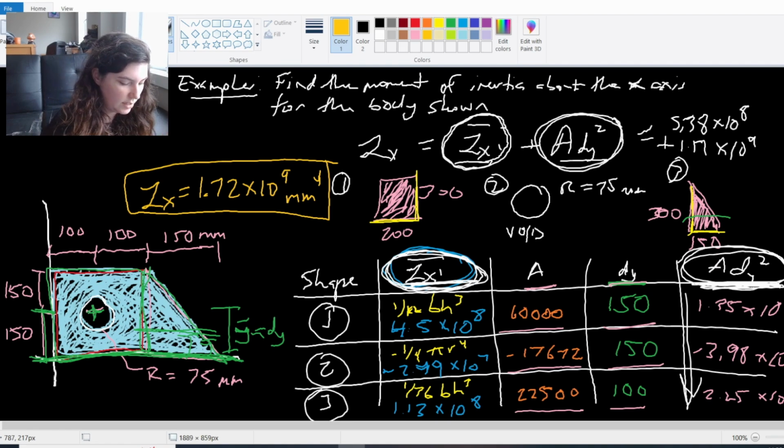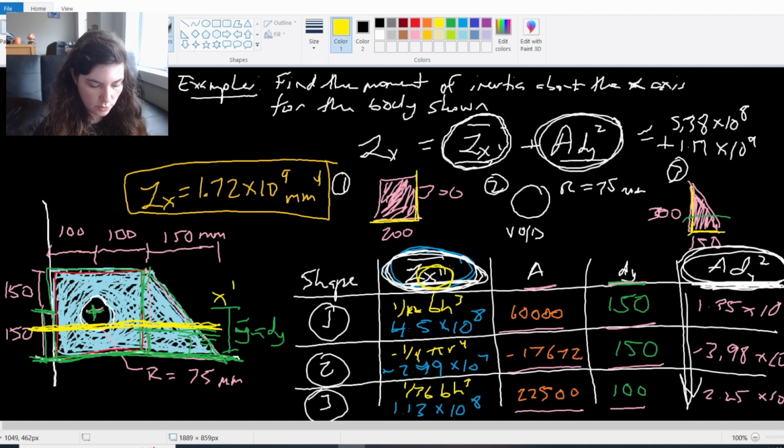So if I want to take the moment of inertia about the centroidal x-axis, wherever the centroid is, I create a new axis called x prime. This is why we see this x prime term. It's the centroidal x-axis, x prime, which has a value of y bar, the y centroid.